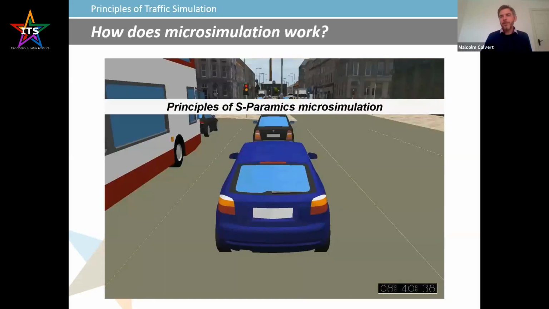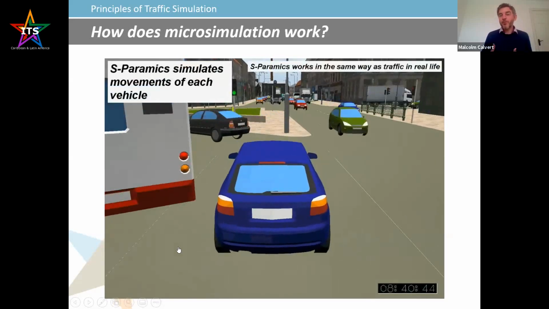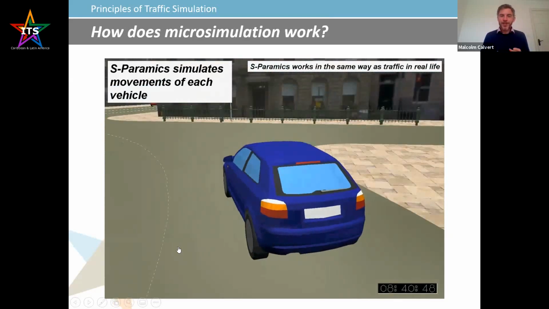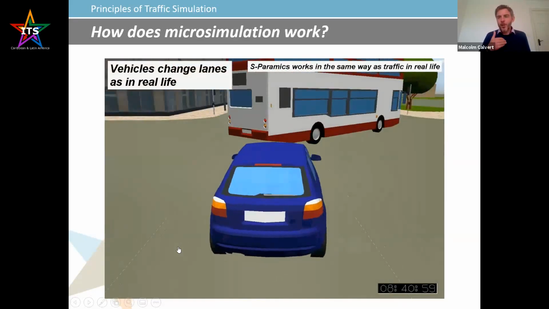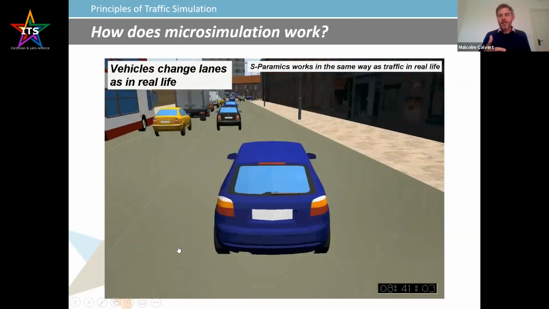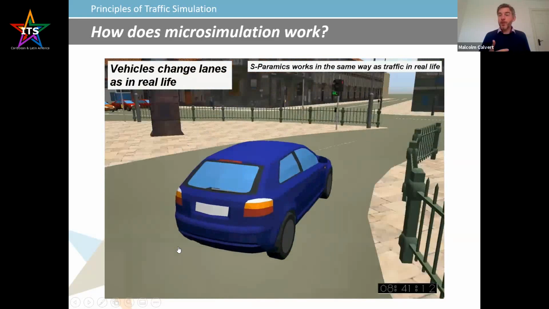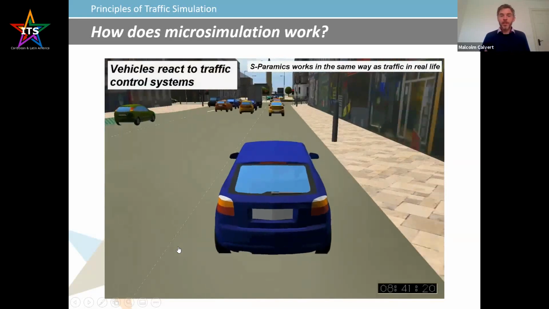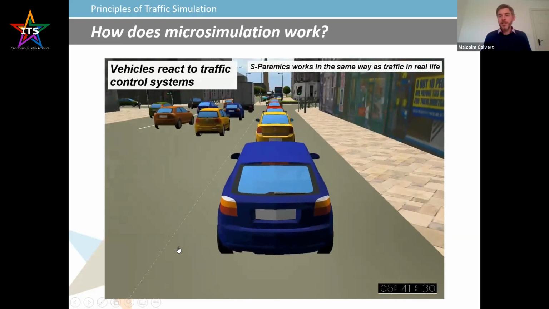So let's look a little bit more deeply at how microsimulation actually works. I'm going to play this movie for you. And in some ways, it's really simple. The simple way to think of it is as if you were the driver in a vehicle going through a network, and think about the kind of decisions that you would make as you drive through it. You're thinking about which lane you want to be in to get to your destination.